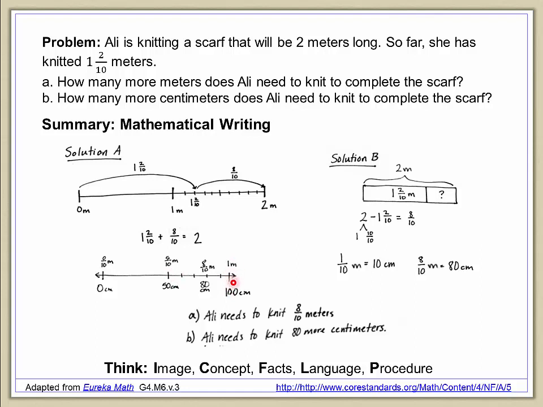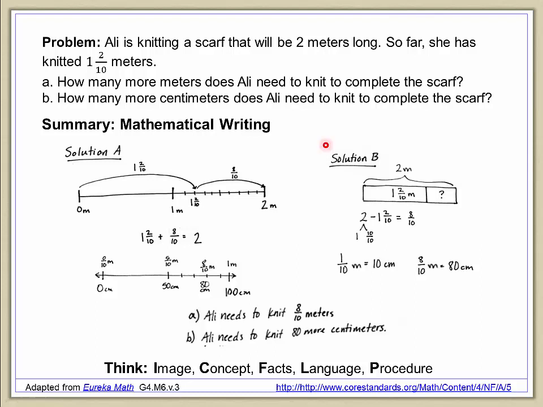Here's the equivalence right here. So 8 tenths, which is at the same location as here, would be 80 centimeters. So this is just a pictorial way of recognizing the relationship between the centimeters on the bottom and the tenths of a meter on the top. And so the conclusion is that Ali needs to knit 80 more centimeters.